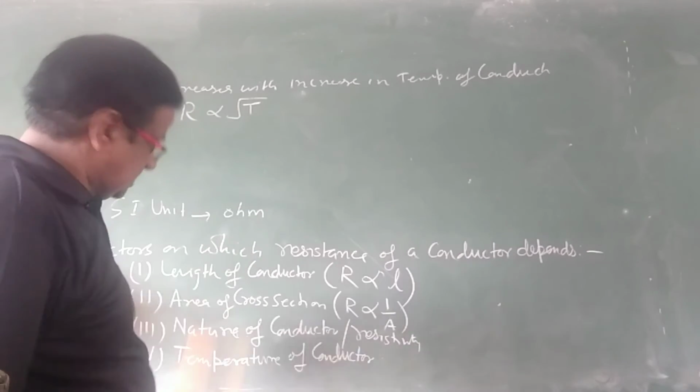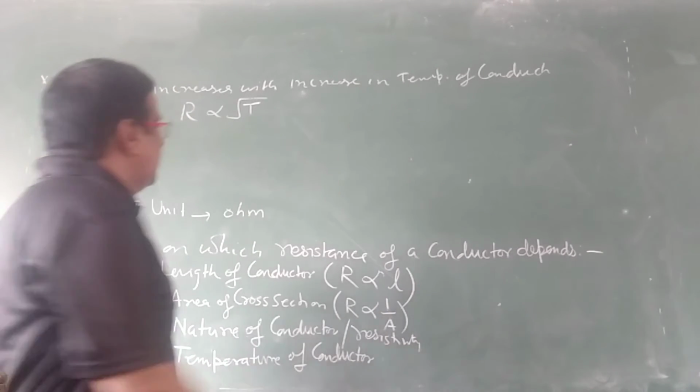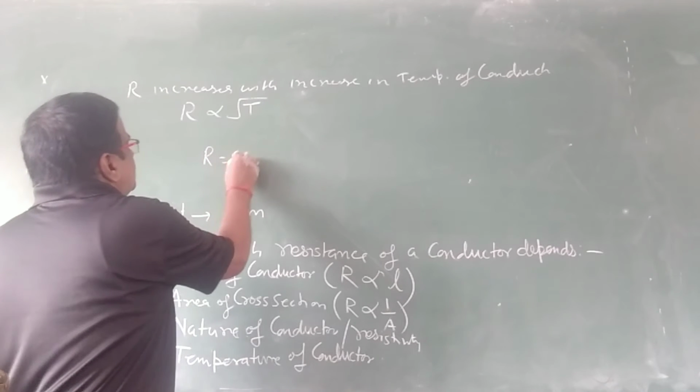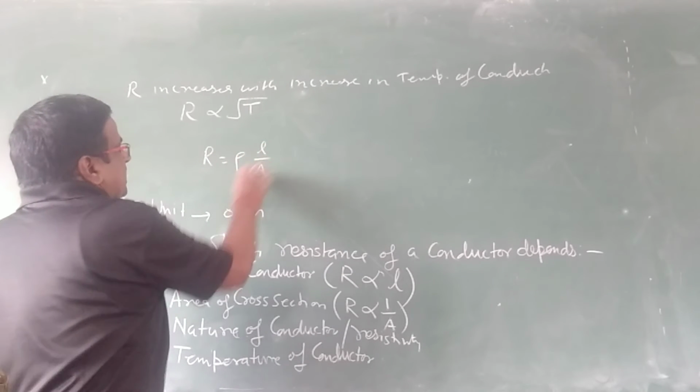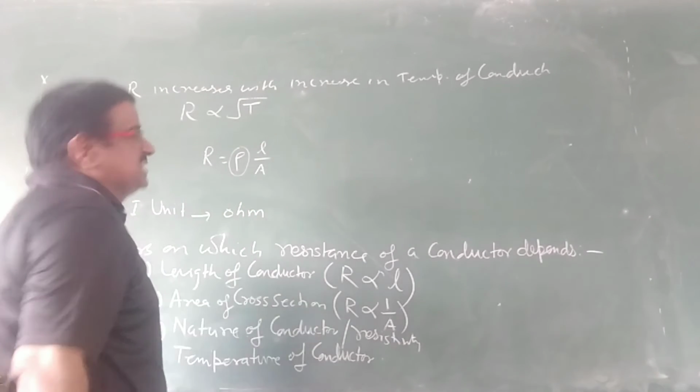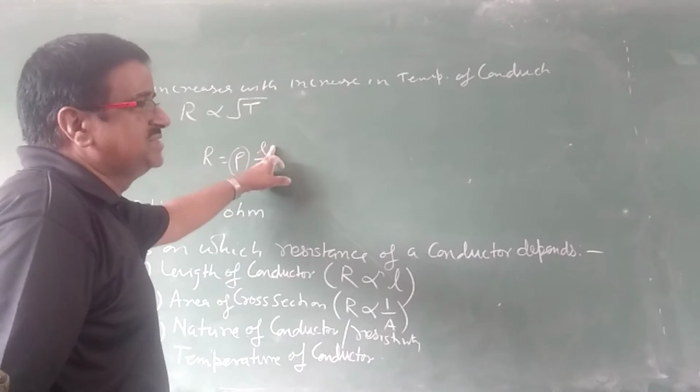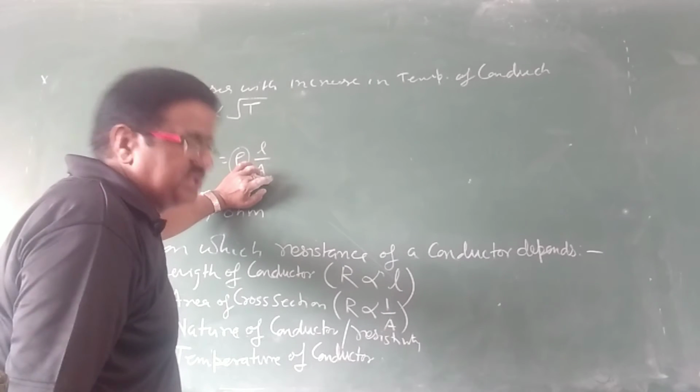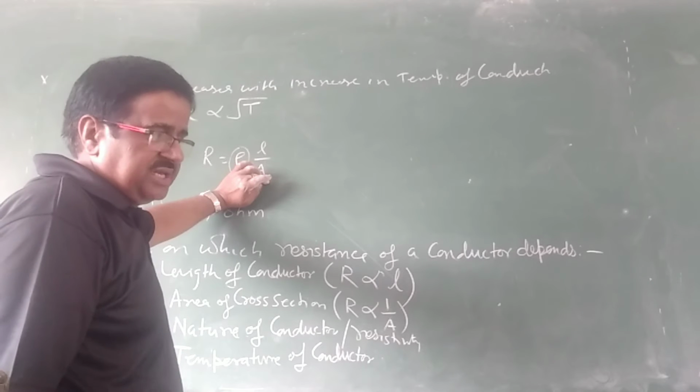It is a conclusion that it increases. As we have R equal to rho L by A, it will not change with the temperature, but length and area of cross section may change with change in temperature.